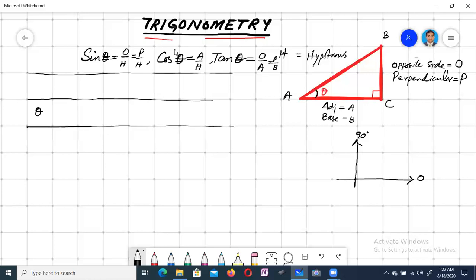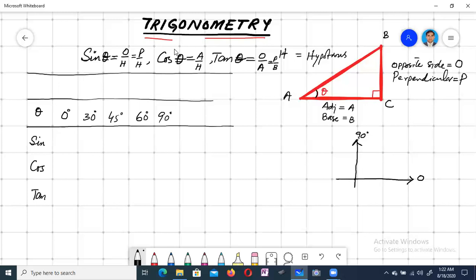Here is angle theta, and here we need to write the value of sine, then value of cos, then value of tan. And for angle theta, special angles from the first quadrant: 0 degree, 30 degree, 45, 60 and 90 degree.